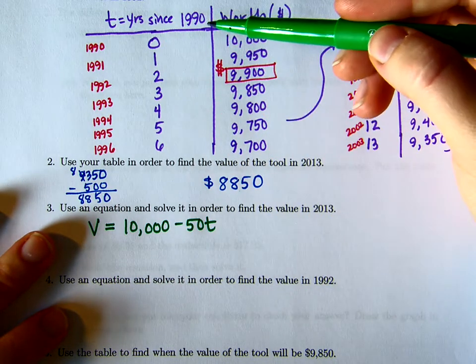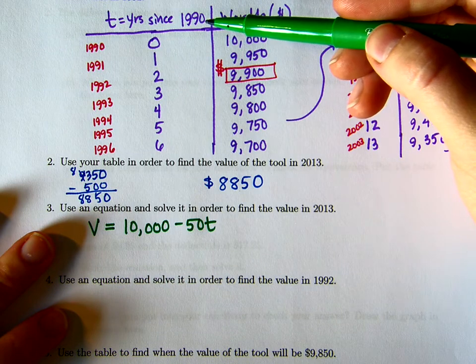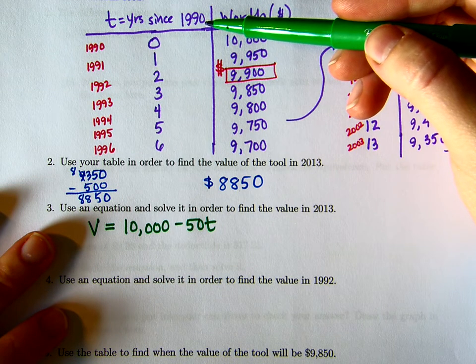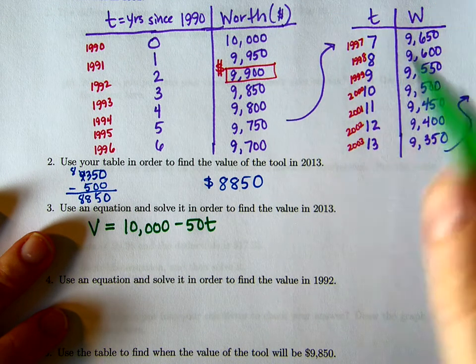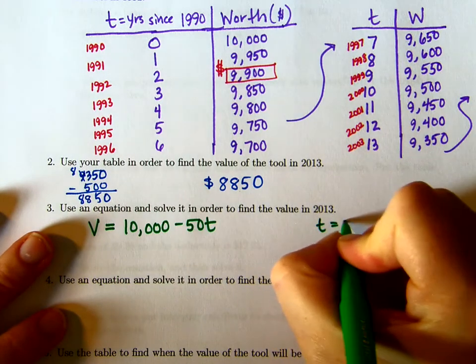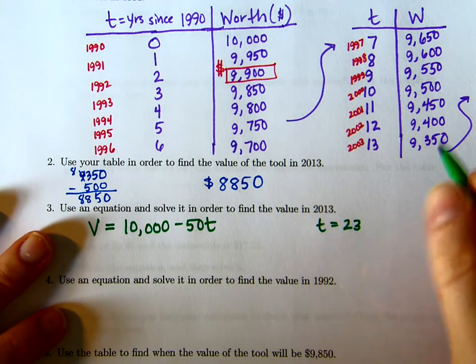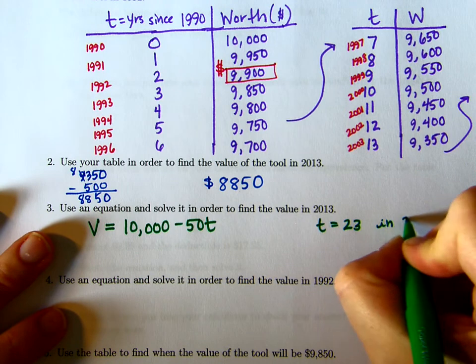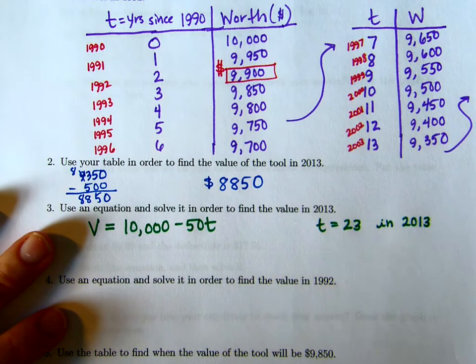To get from 1990 to 2000, you go up 10 years. To get from 2000 to 2010, you go up an additional 10, and then 3 more. So t equals 23 in 2013.